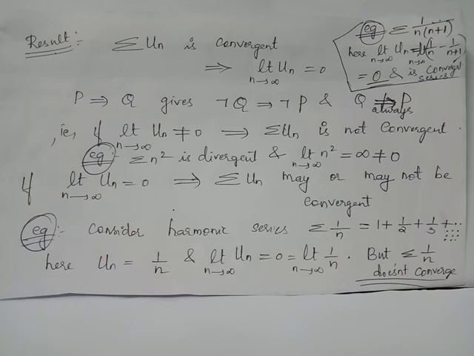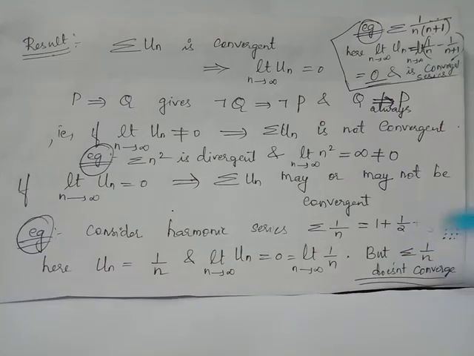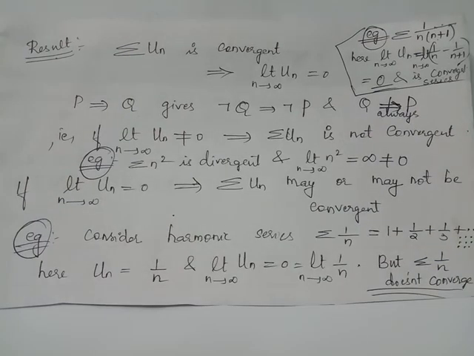Sometimes the corresponding infinite series will be convergent as in this case. Sometimes the infinite series might not be convergent as in this case. Whenever limit n tends to infinity un is obtained as 0, we will depend on certain tests like ratio test, root test or Raabe's test or limit comparison test, which will help us to check whether the given infinite series is convergent or not.